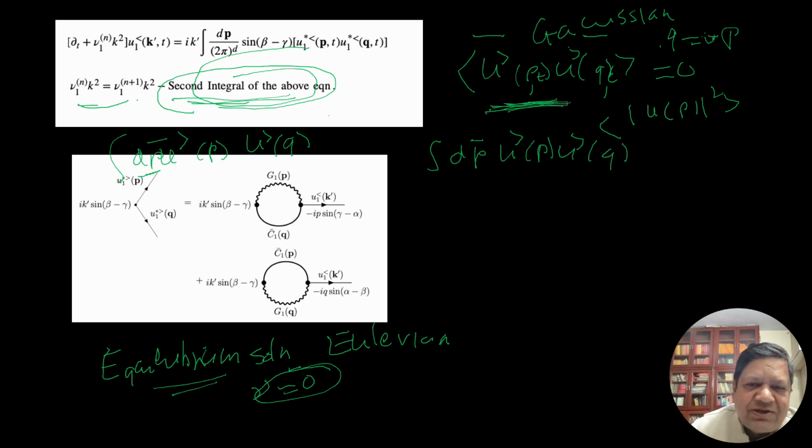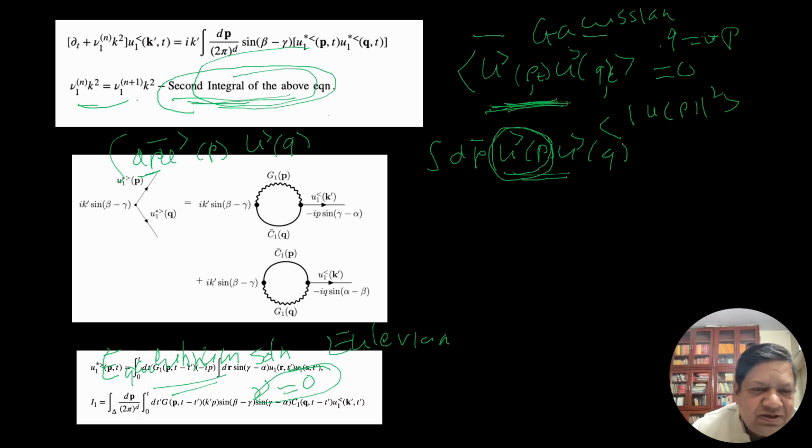So I want to expand this. How do I expand this? I would like to expand U. I want to see what U greater P is as a function of time itself. So this is that equation. Let me delete this rough work.